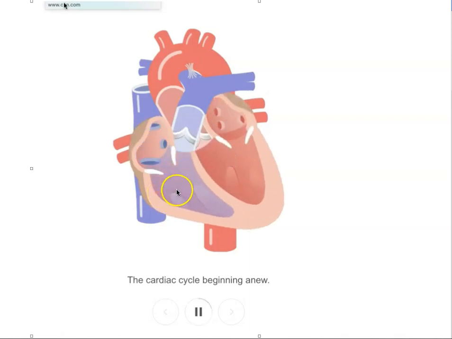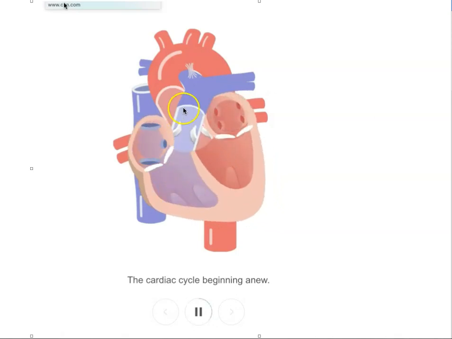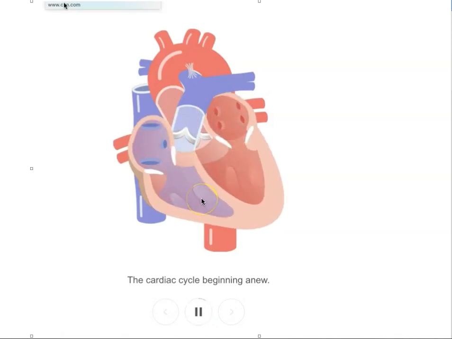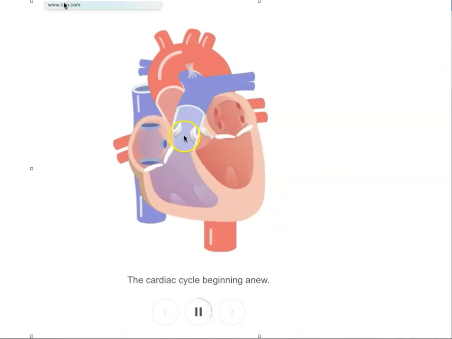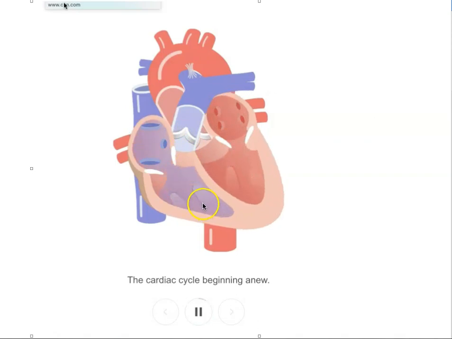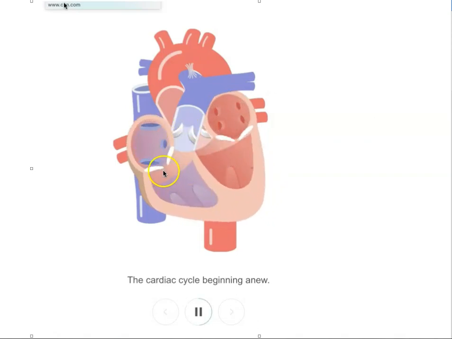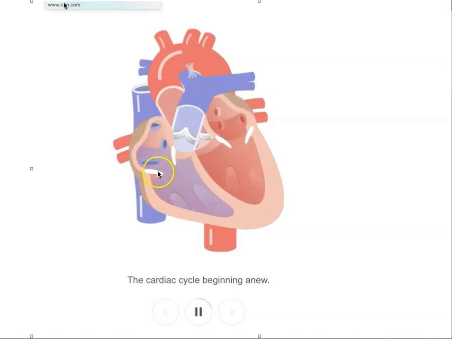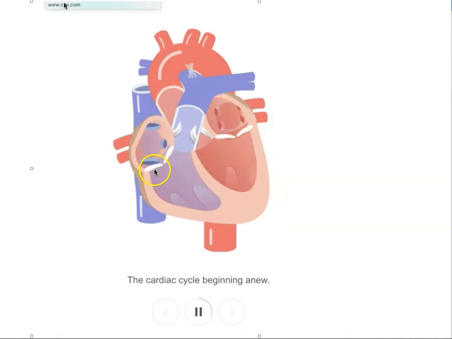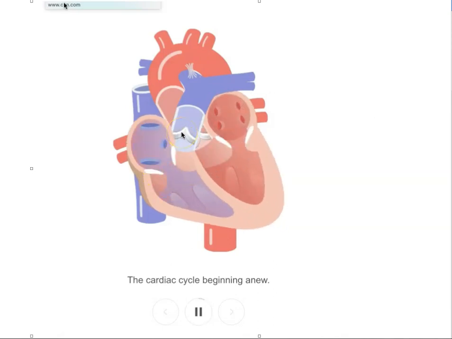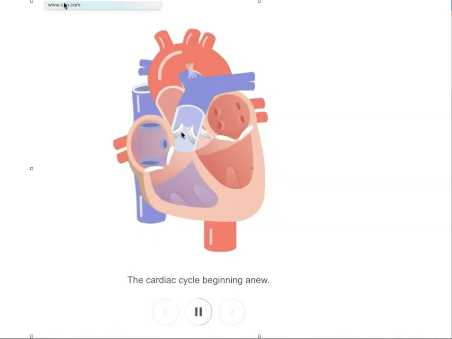Here's diastole, systole, diastole, contraction, systole, diastole, relaxation, systole, contraction, relaxation. Lub, dub, lub, dub. Hopefully you can see that.